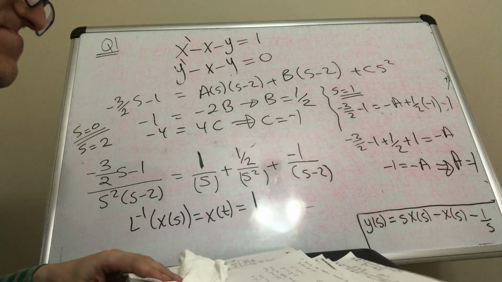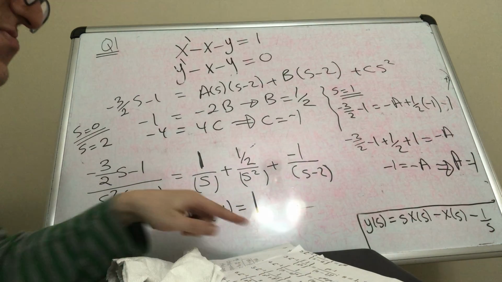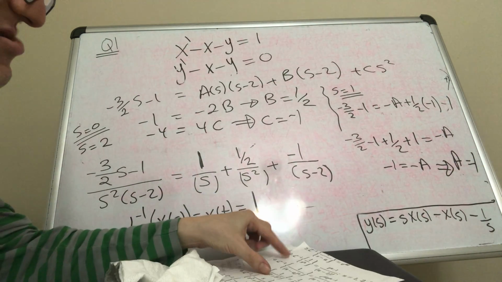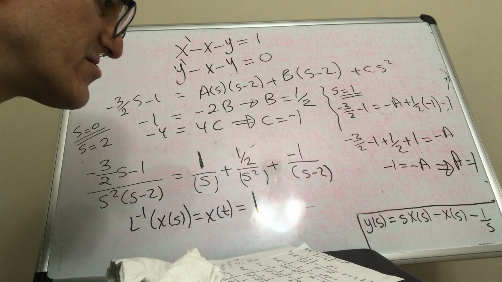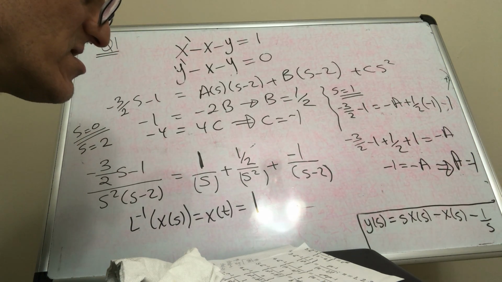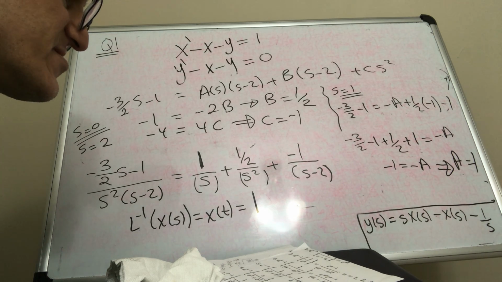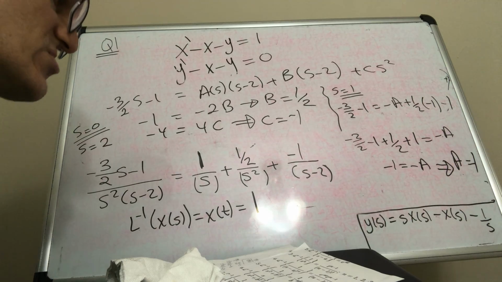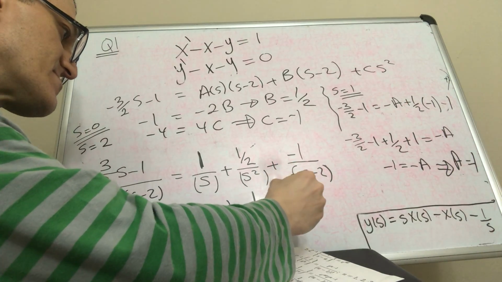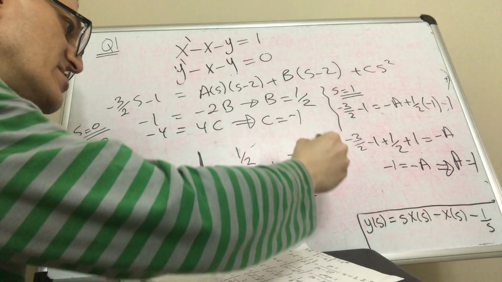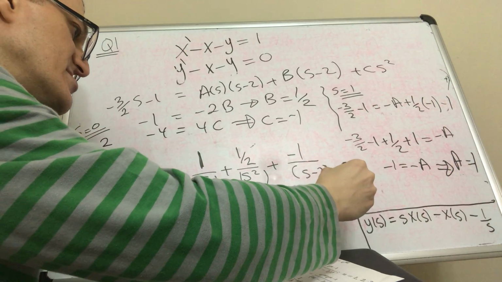For this one, you can follow rule number 3, and you'll see that eventually it's t to the 1, so half a t. And this one, e to the 2t.